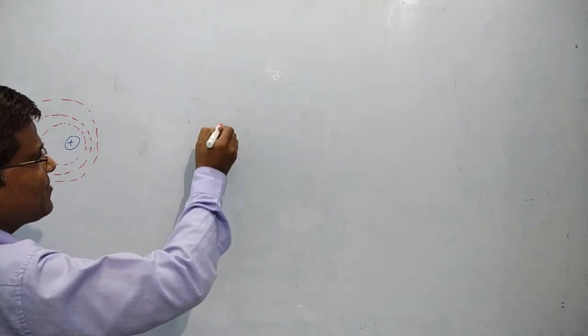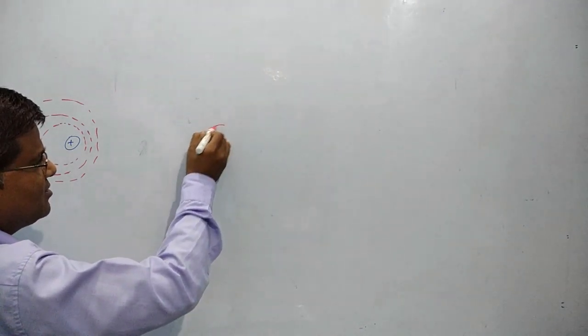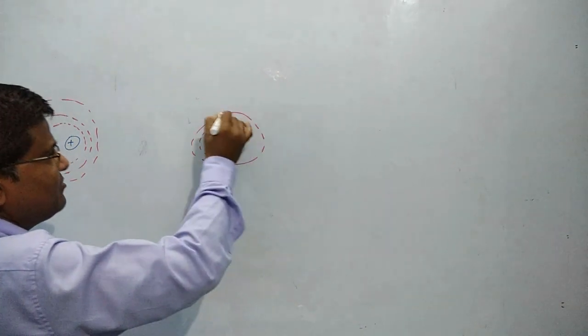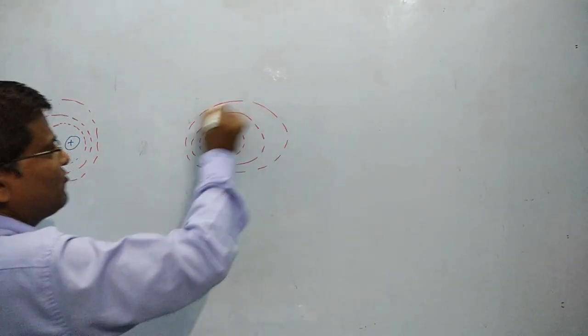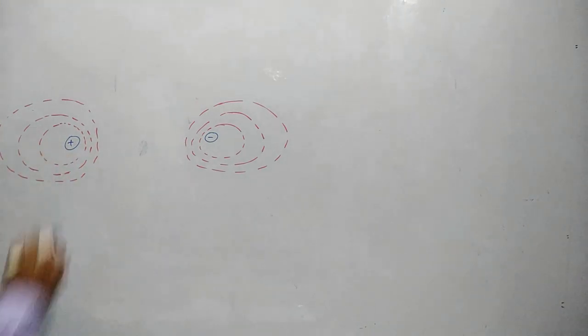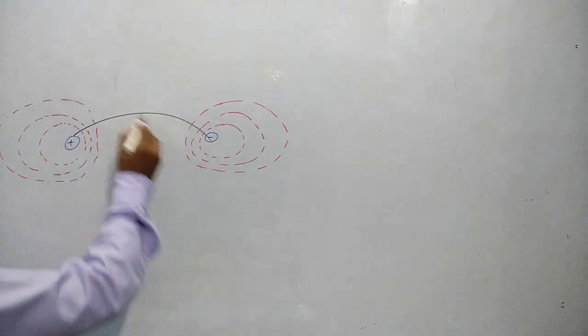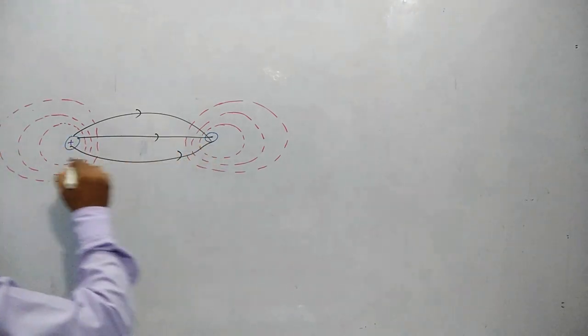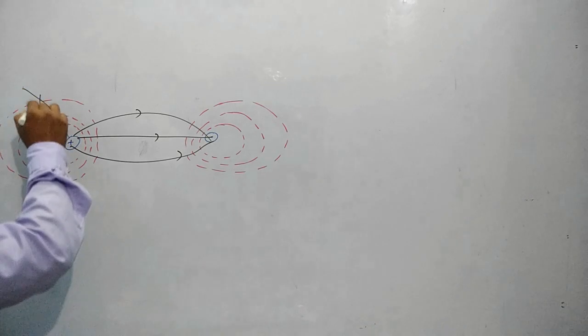Here the end is near, then further, then farther. And the electric field lines are perpendicular to the surface, and this is the outward direction.